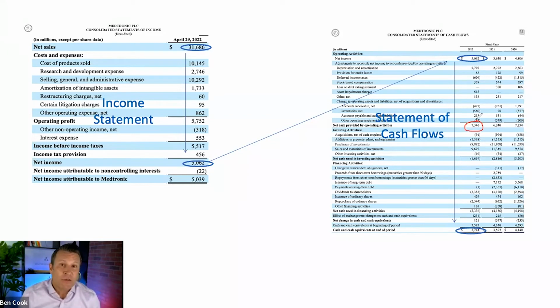But then the question is, what do they do with that money? Where do they put it to work? They put it to work some internally in things like capital expenses and acquisitions. And then how much do they put externally in things like dividends they pay to shareholders or stock buybacks they also do. So the statement of cash flows starts with profit, turns that profit into cash, and then shows where they ultimately put that cash, and at the very end it shows how much cash Medtronic had at the end of the year.